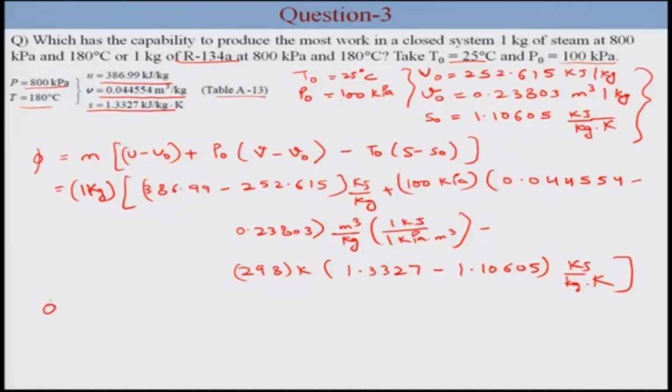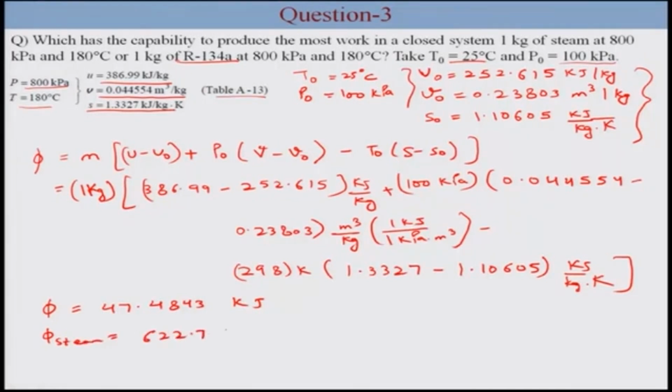This gives a value of phi equal to 47.4843 kilojoule.